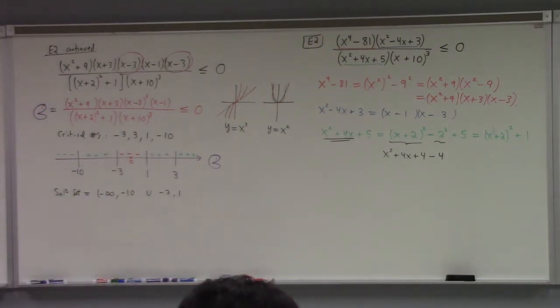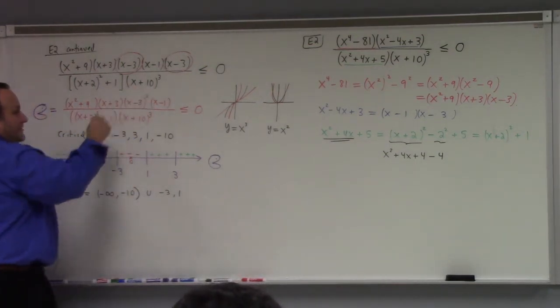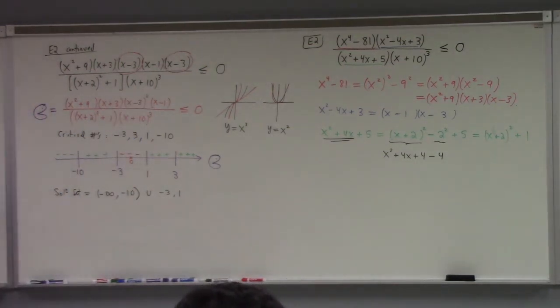Now I'll ask you the question, should we include or exclude minus 10? Does minus 10 get included in the solution, or do we not want minus 10 actually in the solution? We want it excluded, right? Because it gives you division by 0, which is not permitted. So we must exclude minus 10 because that x plus 10 to the third power is in the denominator, all right?